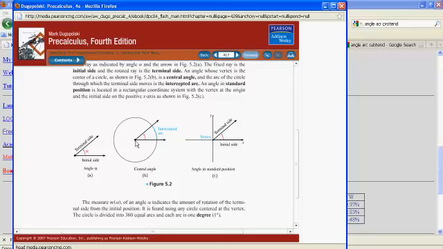With this vertex at the center, this angle just intercepts a part of the arc. So this arc is called the intercepted arc of this angle. So actually, this intercepted arc is the arc through which the terminal side moves, right?